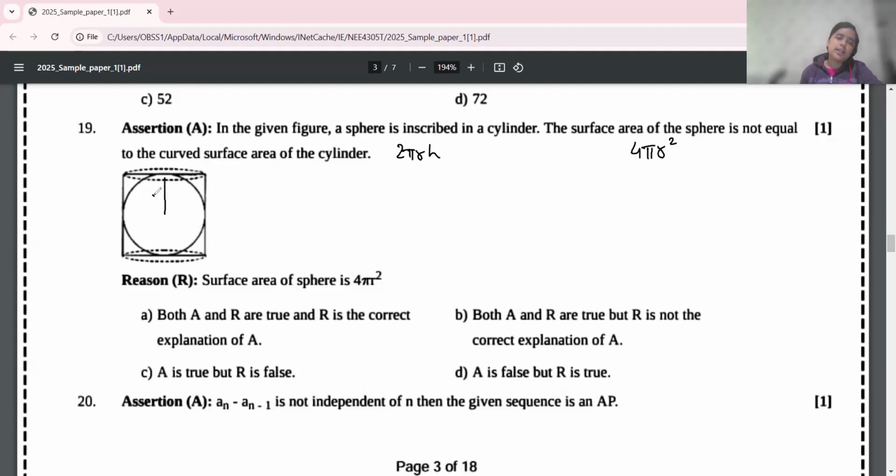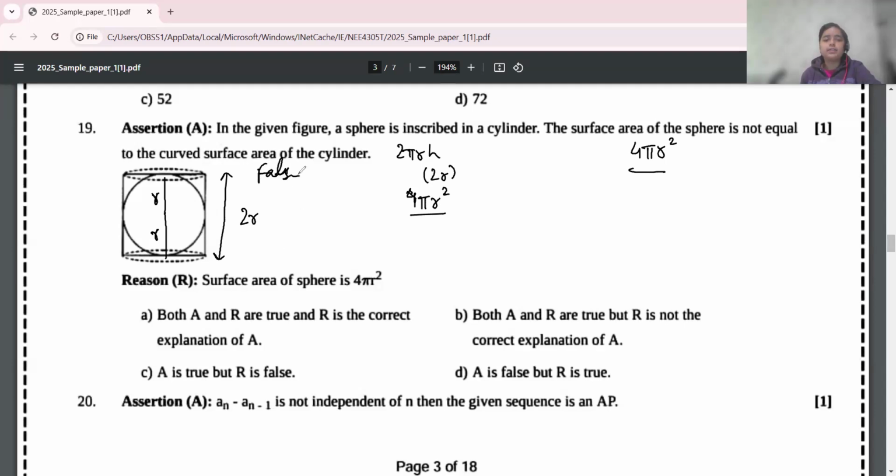This is also the radius of the hemisphere, and this is also the radius of the sphere. Now, doesn't it mean that the height of the cylinder in itself is 2r? Now, if I put 2r here instead of h, I get 4 pi r square, which is exactly the same as this one. So, the assertion is false.